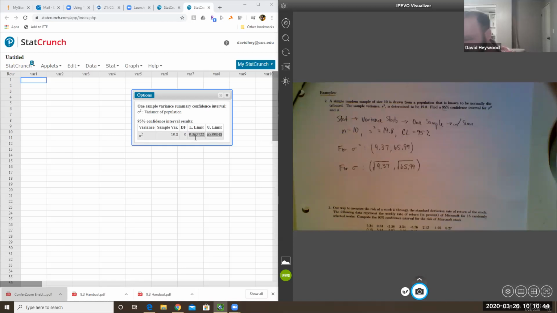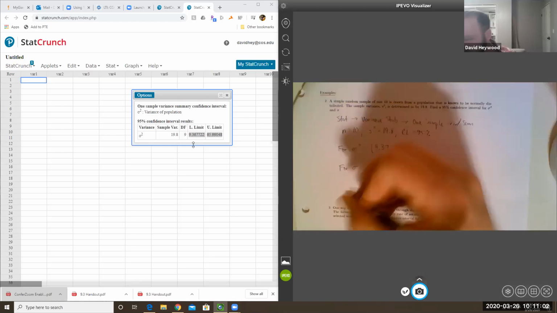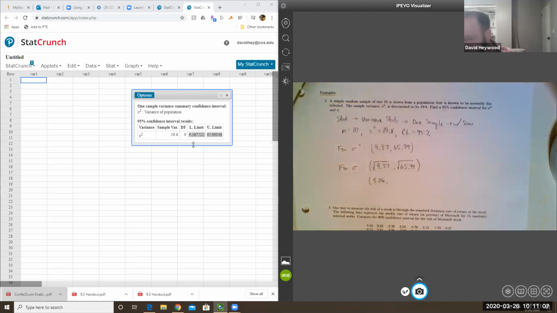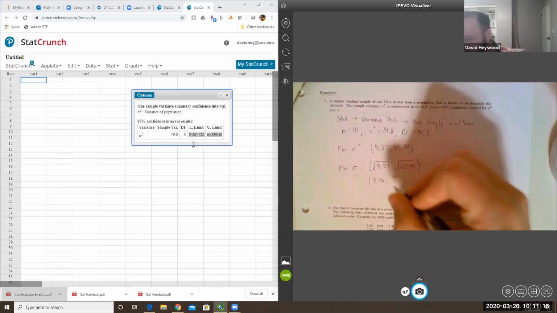So let me plug in this whole number instead. Square root of 9.367722. If you're using a calculator on your computer, you could just copy and paste it, which is even better. That way you're sure you're not making any mistakes. I get 3.06. And the square root of 65.99048 is 8.12.